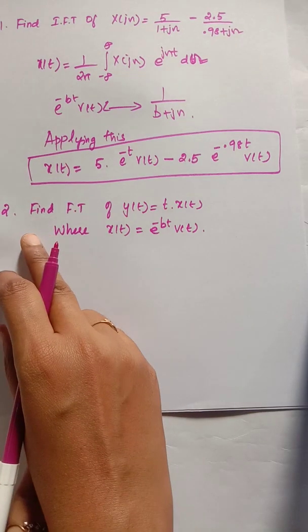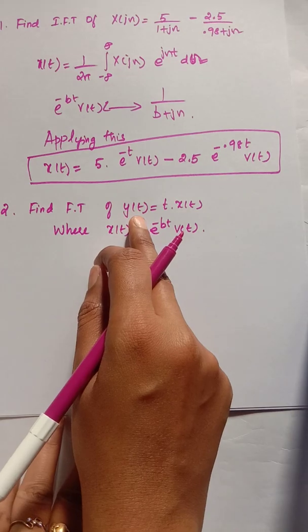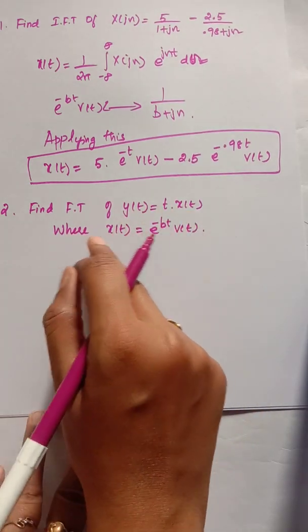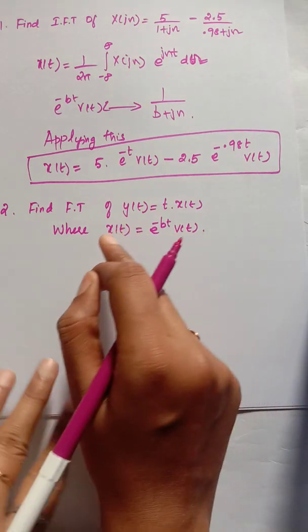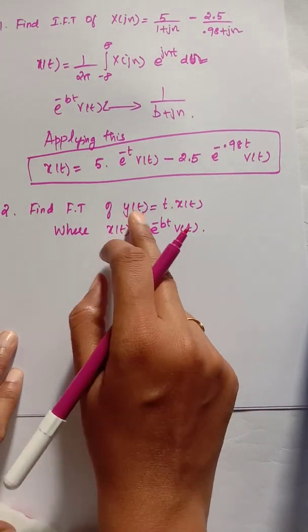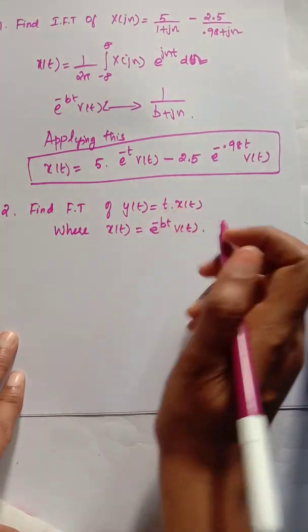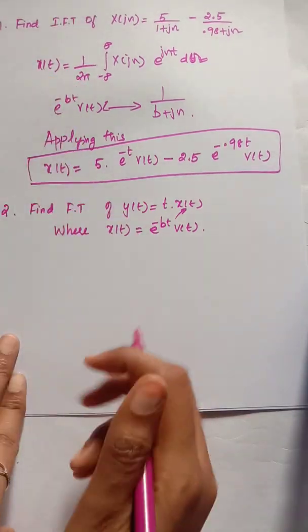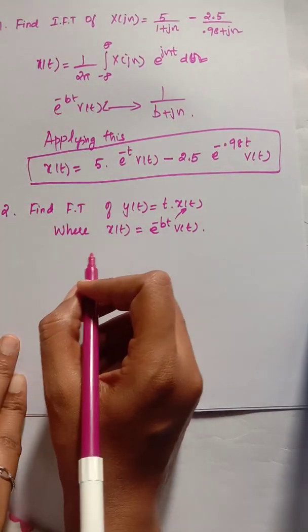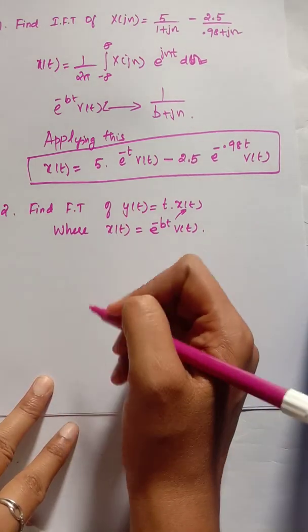Now see this problem: find the Fourier transform of y of t equal to t into x of t, where x of t equals e power minus bt into u of t. If we want to find the transform of y of t, we need to substitute this value and use the integral formula, which involves complex steps.